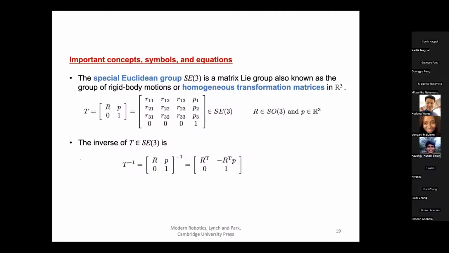This 4x4 matrix, we want to think of it as an exponential of something. What are the degrees of freedom of that something? It should be 6, right? There must be 3 corresponding to the rotation part and 3 corresponding to the translation part.